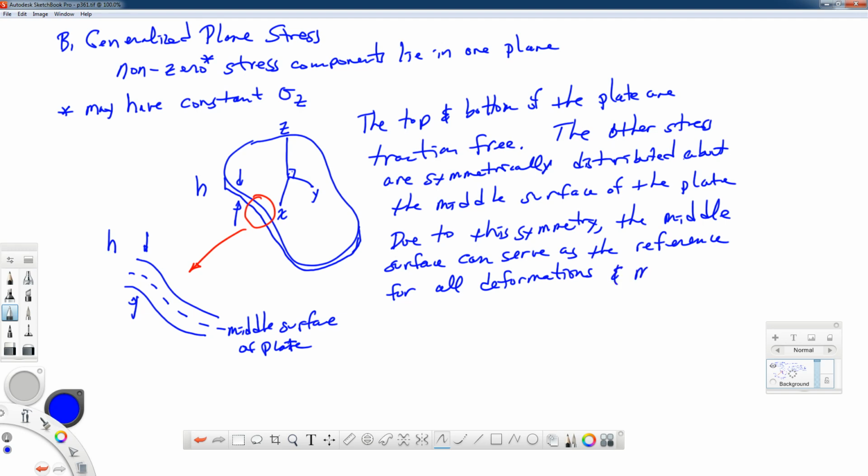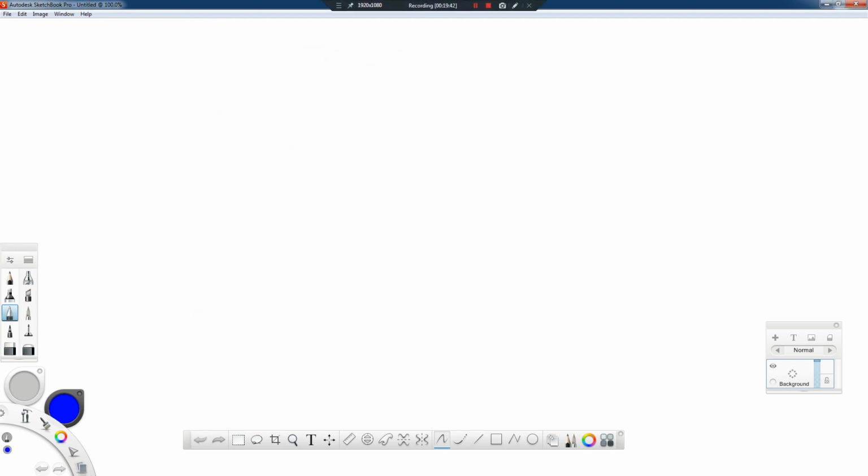And so we can use mean values for these different kinds of quantities. So for example, the displacement in the x direction at the middle surface, I'll call the mean value of the displacement u.